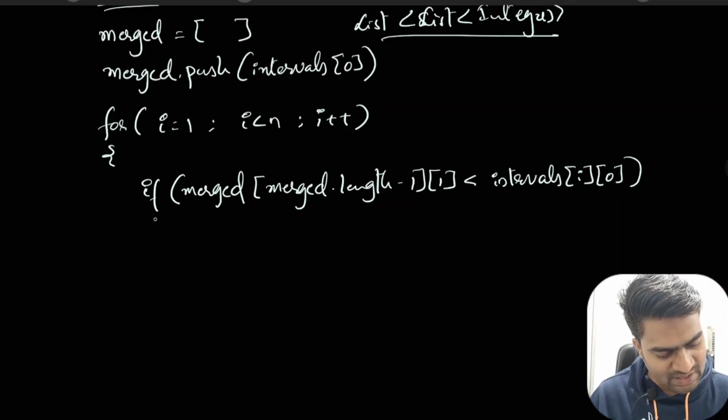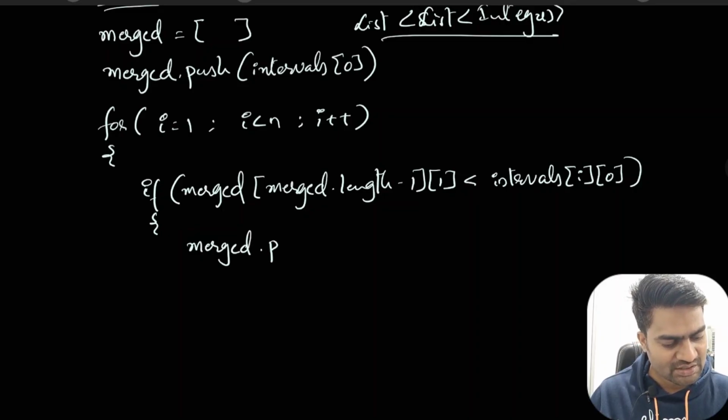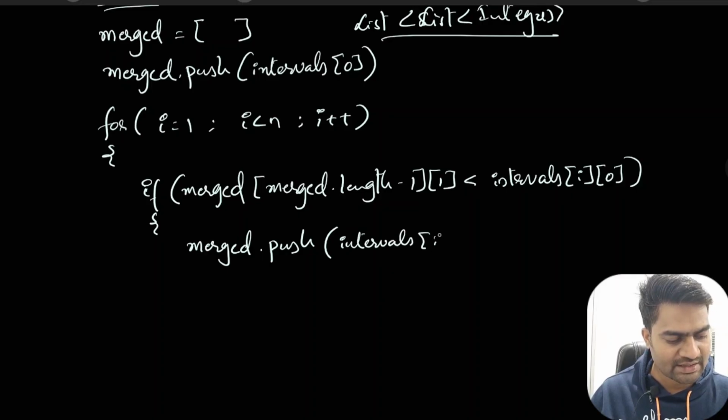So what I will do, I will simply say merged dot push of intervals of i. Okay, so I will simply push the value to the merged array.